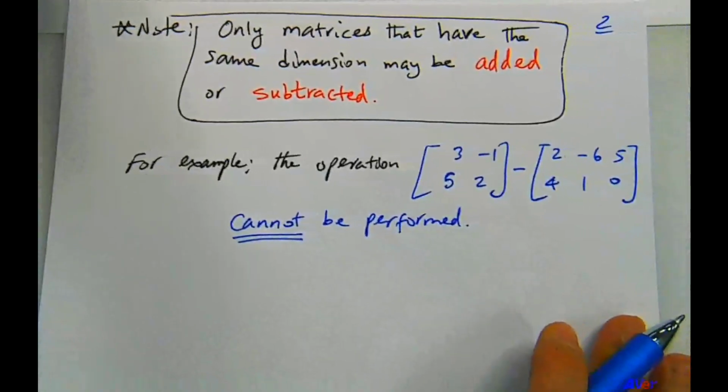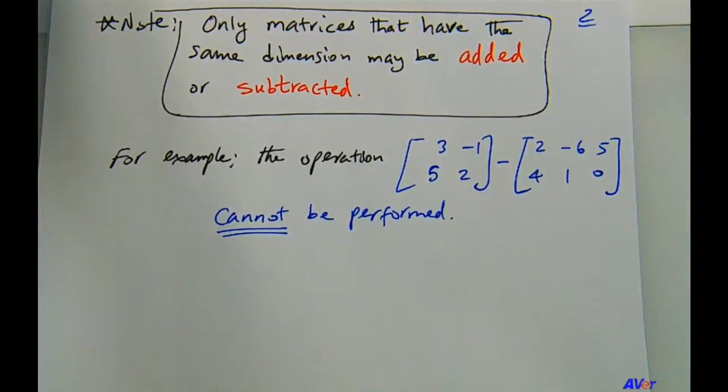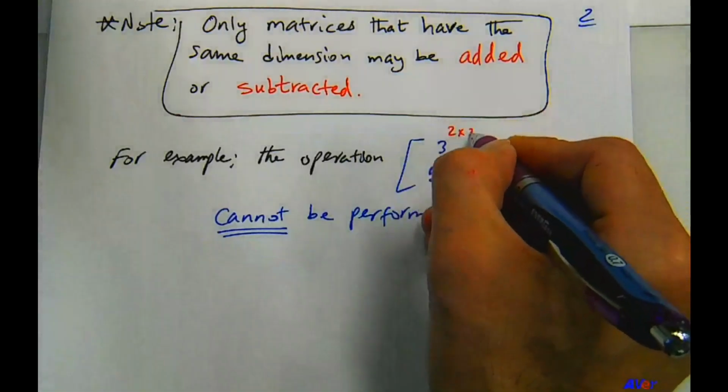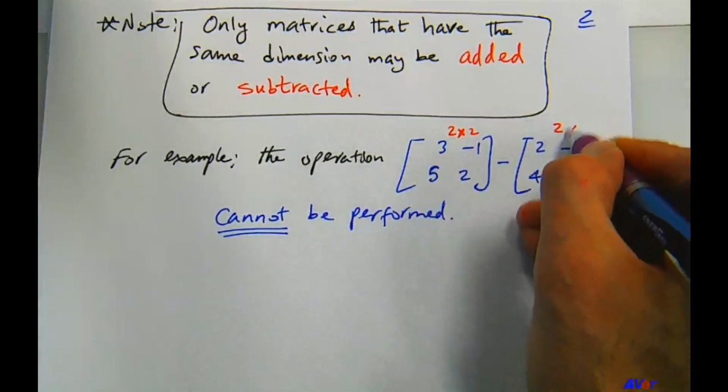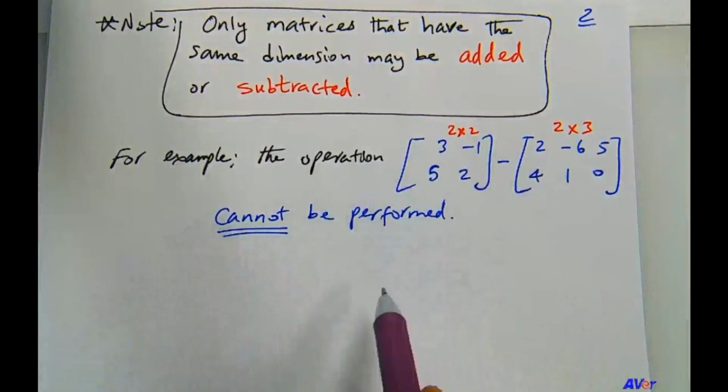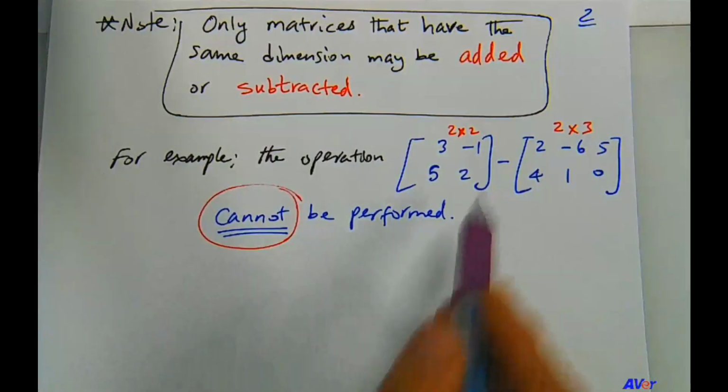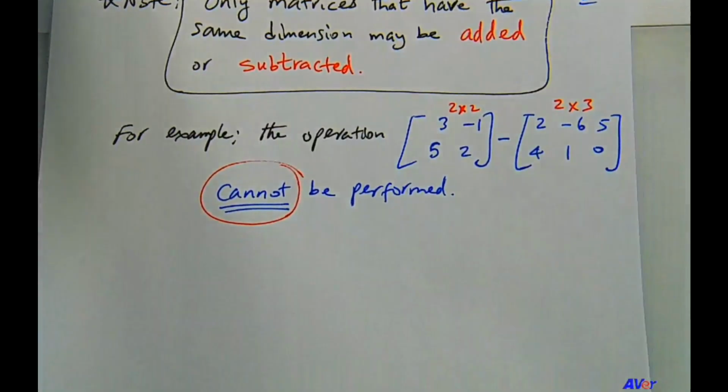Because these two matrices do not have the same dimension. This one is a 2 by 2 matrix. This one is a 2 by 3 matrix, so we cannot subtract them like this example is saying.